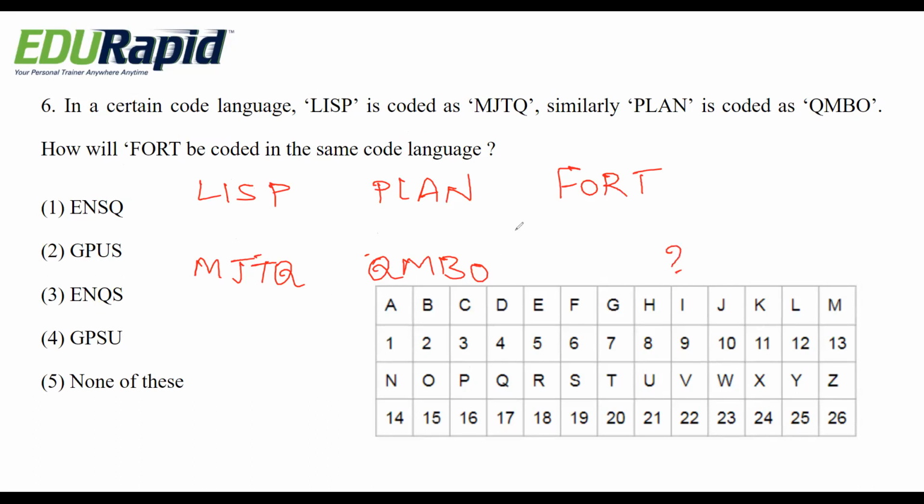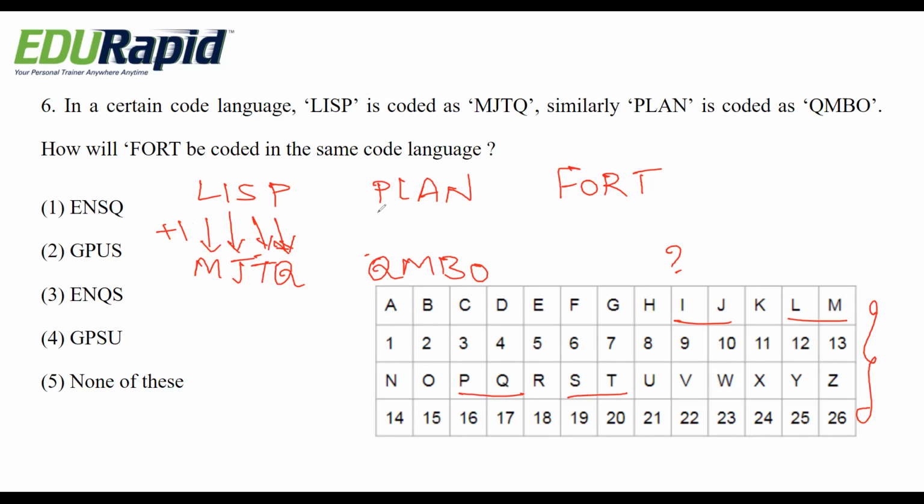If you observe this table, in every slide I am putting this table because you have to remember this table. Please note down this table, this is very important. After L it is M, increased by 1, and after I it is J, also increased by 1, and after S it is T, increased by 1, and after P it is Q. So each term is increased by 1.